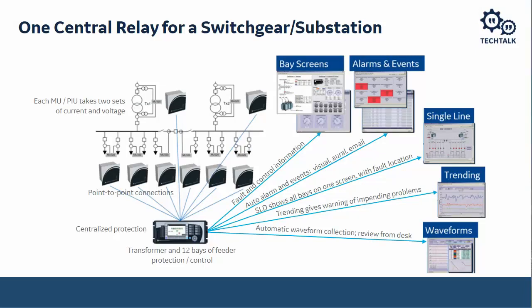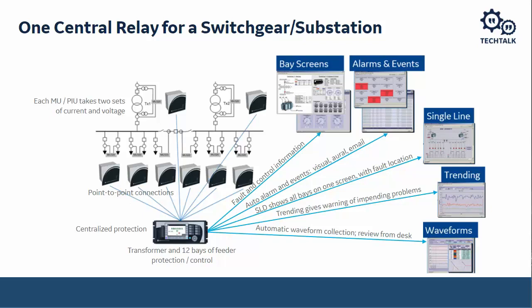Having one central relay for a switchgear or a substation, in this case I'm showing it for an incomplete substation, because in the case that I show in this slide, not only were we doing the protection for the large bus, but we're also doing the transformer protection for the incoming feeders through a centralized protective relay.